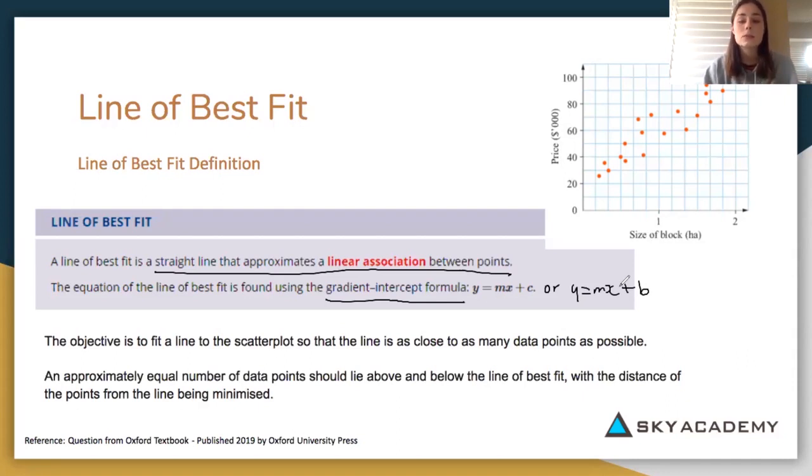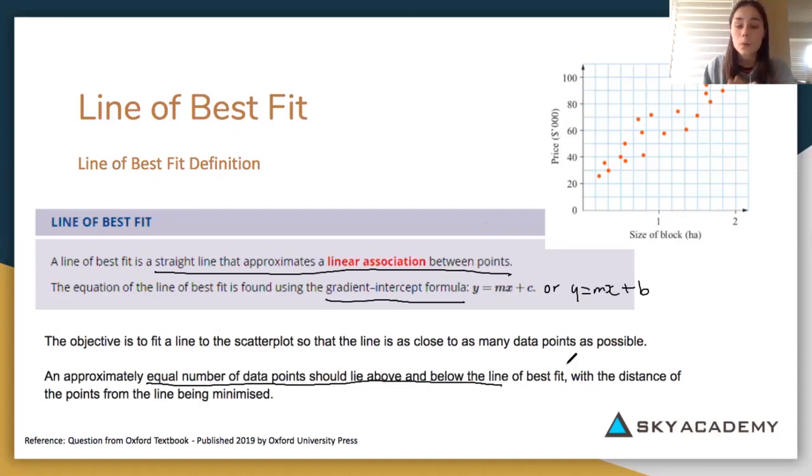So by doing this, you would normally draw the line down the middle of all the points, because that will give you the best chance of being as close to as many points as possible. You don't have to have any points lying on the line. You can, but it doesn't matter. But the most important thing, the thing that does matter, is having an equal number of data points above and below the line.